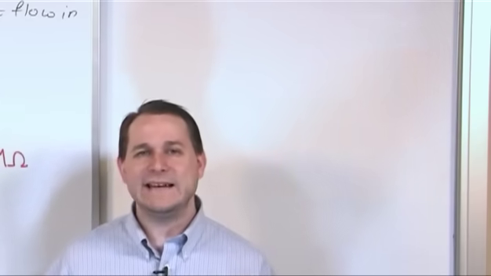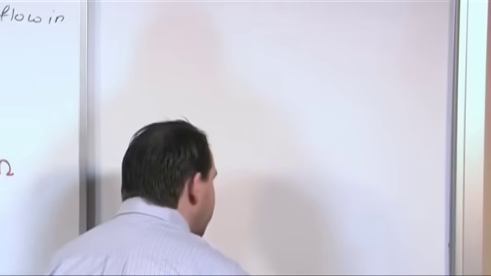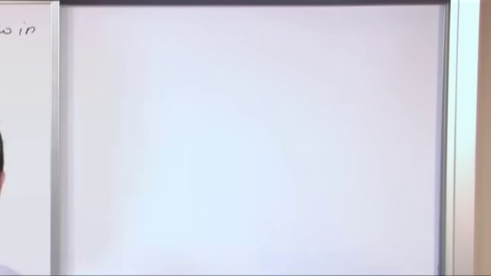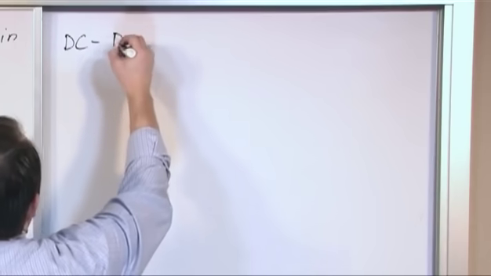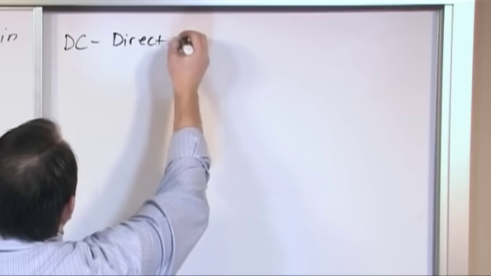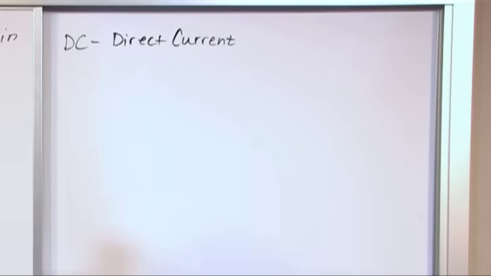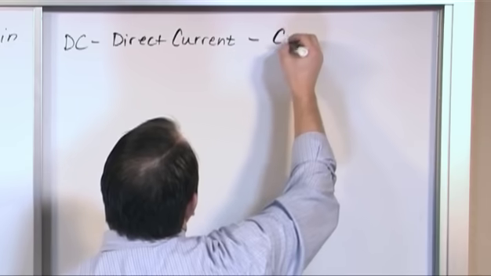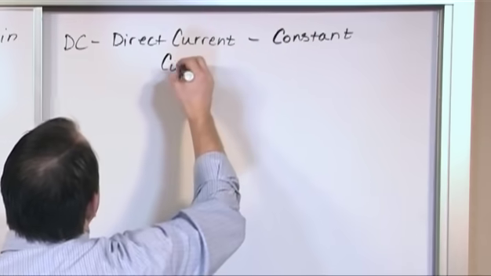First one is DC and AC. DC versus AC. Let's talk about that for just a second because it's something that we need to make sure you understand. DC stands for direct current, and basically what it means is constant current flow.